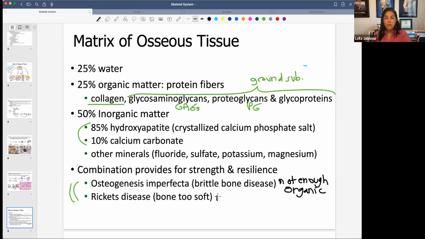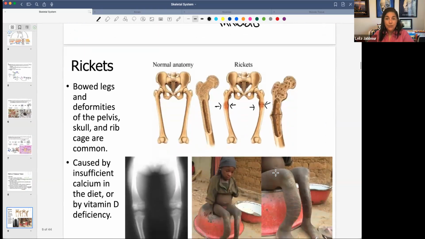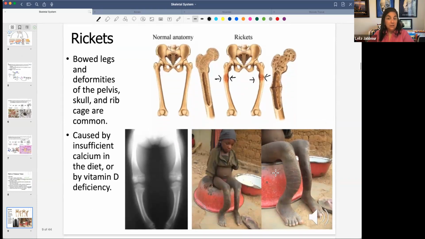And here, not enough minerals. So it's too bendy. And that's literally the case in rickets disease, as I mentioned, and the bone is weakened.